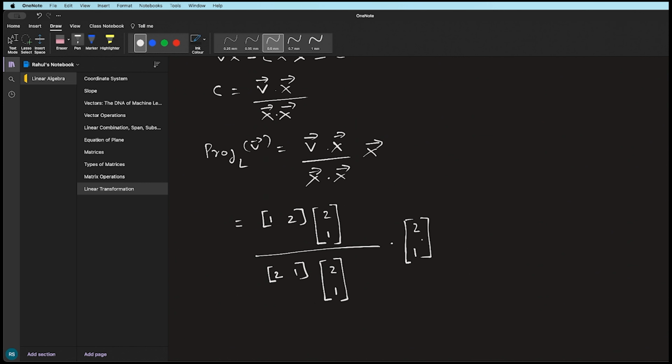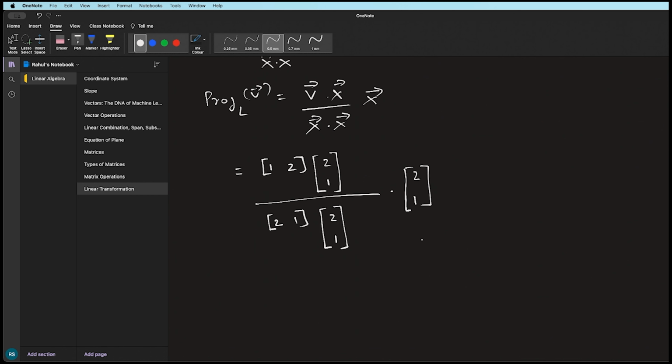If we simplify this, then we get 2 plus 2 on top, and here we get 4 plus 4, multiplied by the vector 2, 1.